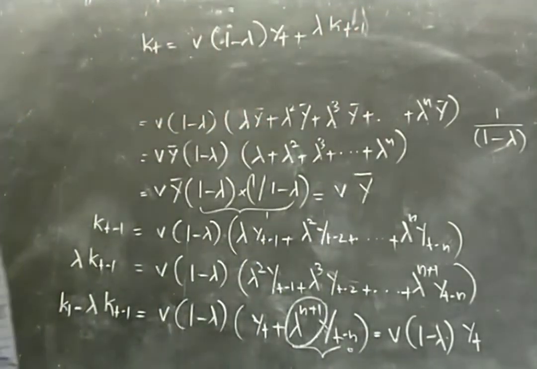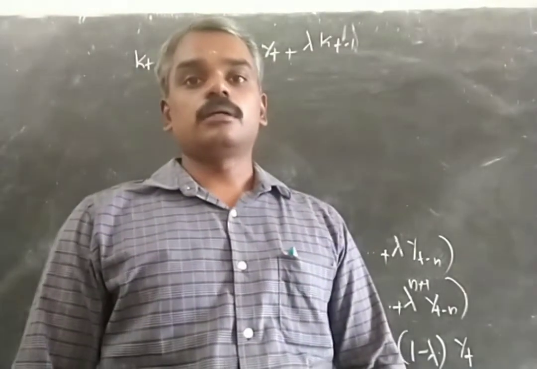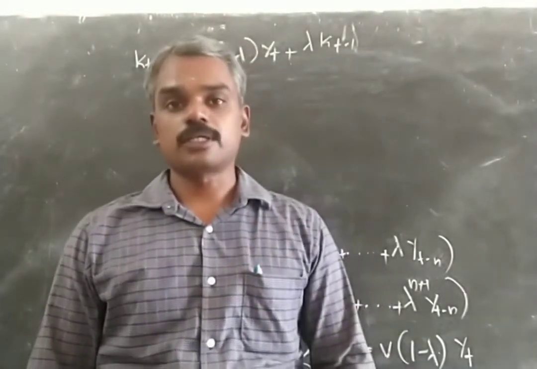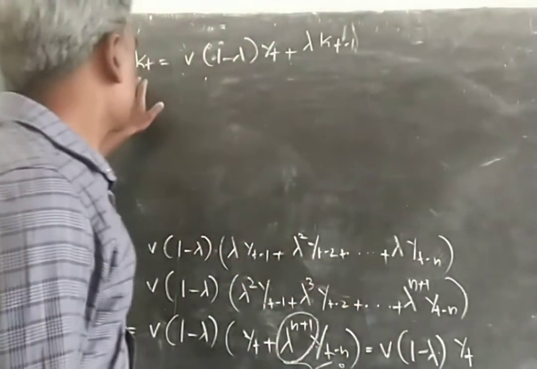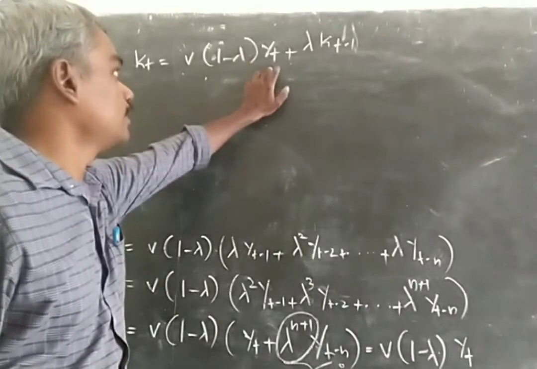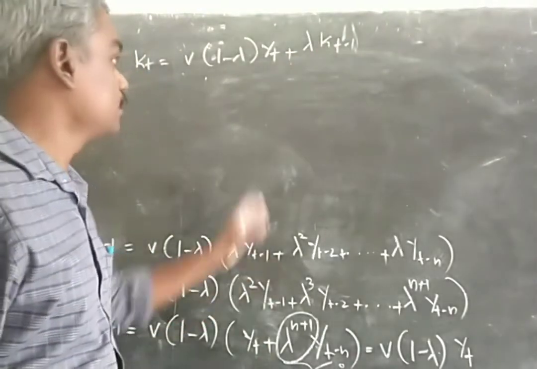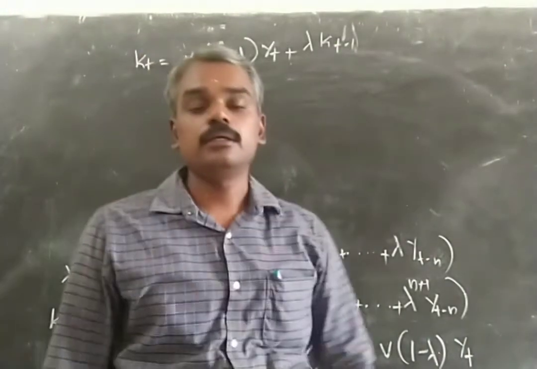Okay, so this process of writing the current year's capital stock is known as the pure transformation approach. Here current capital stock has been defined as nu into 1 minus lambda into Yt plus lambda into Kt minus 1.